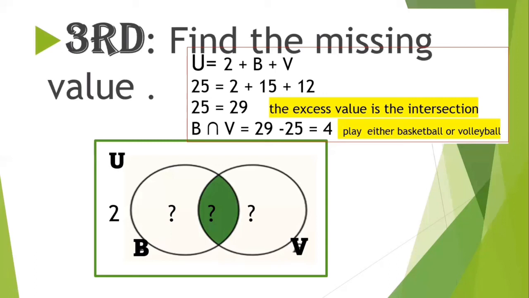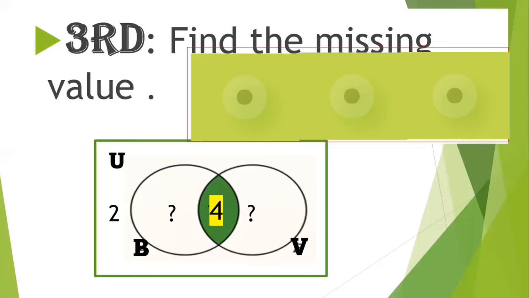So now, we already identify 4 as our intersection. Ibig sabihin, ito yung naglalaro ng basketball at the same time, naglalaro din siya ng volleyball. So now, we have our value for the intersection. Next, we are going to find the B only. Ilan ba yung naglalaro ng basketball lang? Ayaw niya mag-volleyball. What we're going to do, since ang 4 ay kaparte ng set B, iso-subtract lang natin siya sa 15.